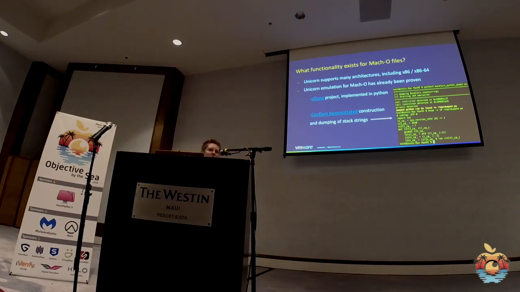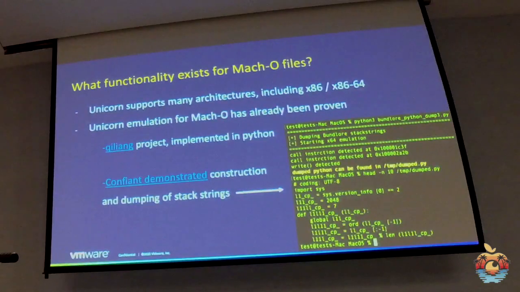So Confiant wrote this very nice blog post where they first went through with LLDB and debugging to pull out this functionality and dump out the Python script. But then they also decided to take Unicorn and say, well, can we emulate this? Because if you're going to use LLDB, you're on a Mac system, you're kind of constrained a little bit.